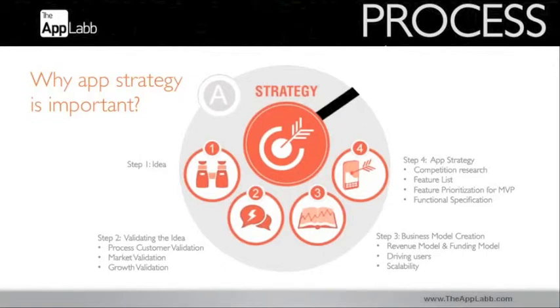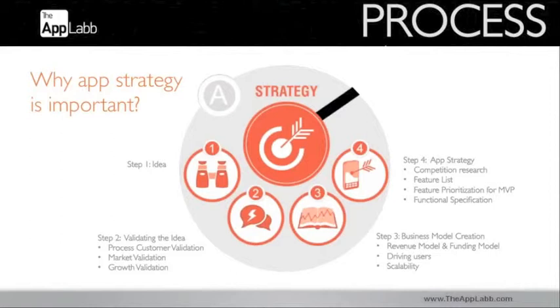So you need to figure out what would be the feature set for your MVP, for your phase one product. And then you can outline functional specifications, how the app is supposed to function. So strategy is a really important phase in your product development cycle.